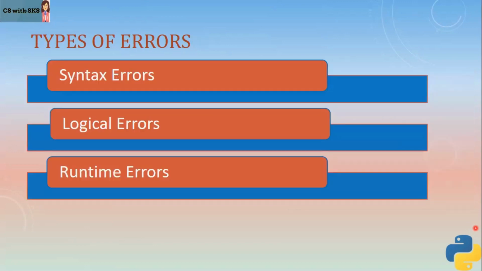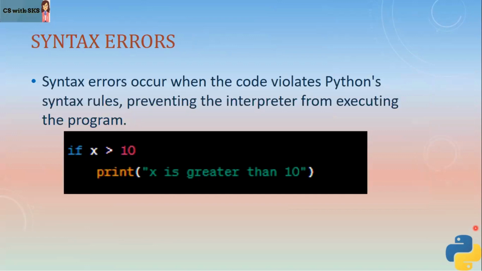There are majorly 3 types of errors in Python: syntax errors, logical errors, and runtime errors. Let's explore them one by one. Syntax errors occur when the code created by the programmer violates Python's syntax rules. Every programming language has its own rules to write the code.